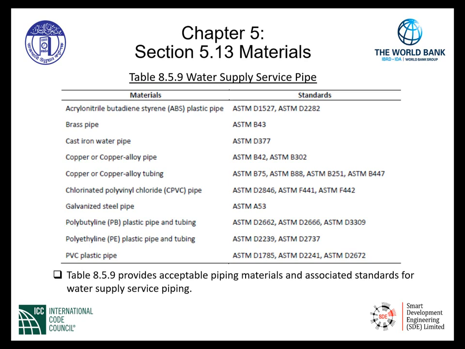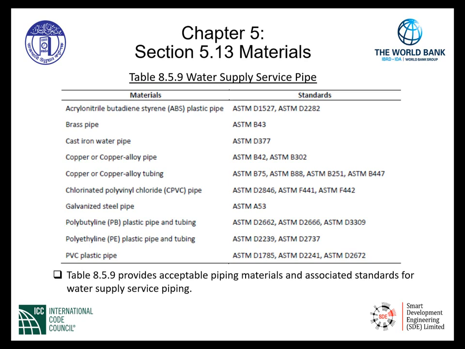As you can see, based upon the material, cast iron water pipe references the standard ASTM D377, and as we go down for the allowable materials for water supply service pipe, when we get down into the PVC plastic pipe, it references 3 different and distinct standards due to different types of PVC plastic pipe.